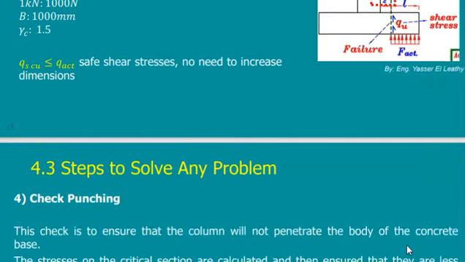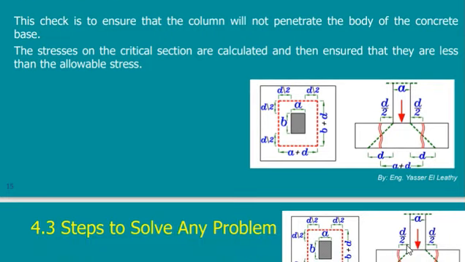But in punching, we are punching the whole area. So I go from this column, this is A and B, the dimensions of the column. I go all around it with this dotted line, which is at a distance of d over 2 from the edge of the column.